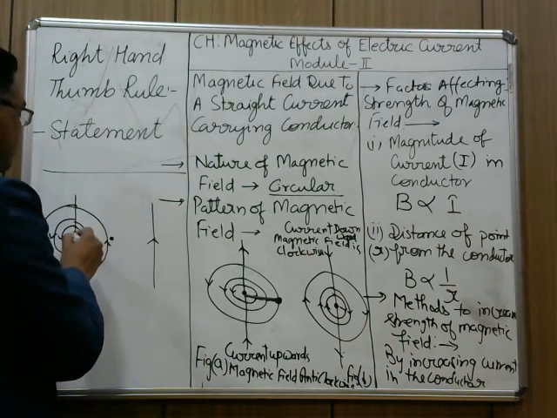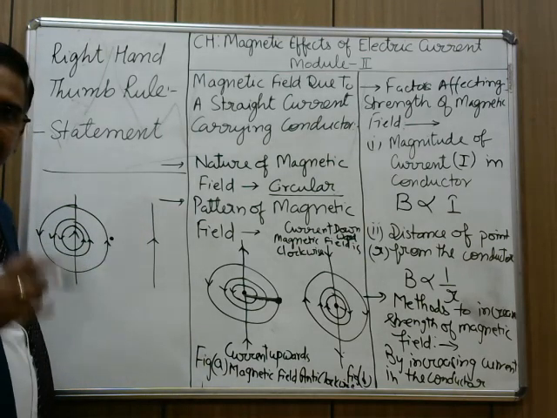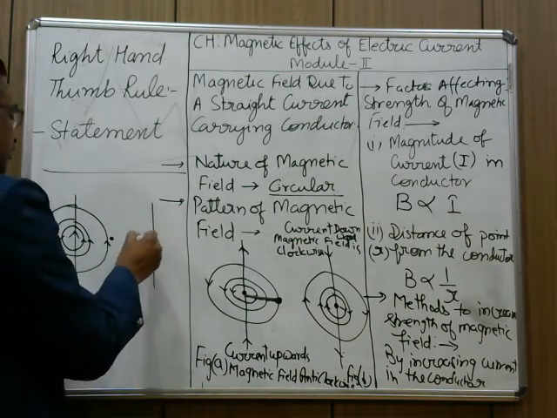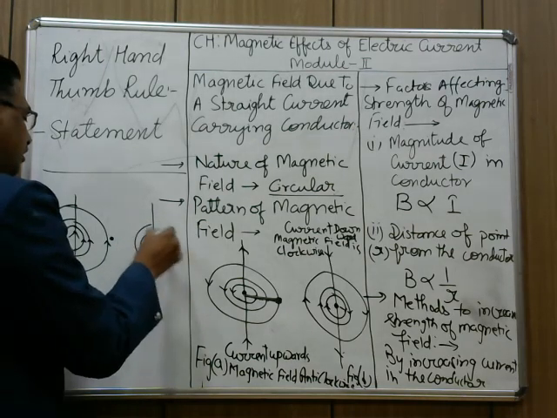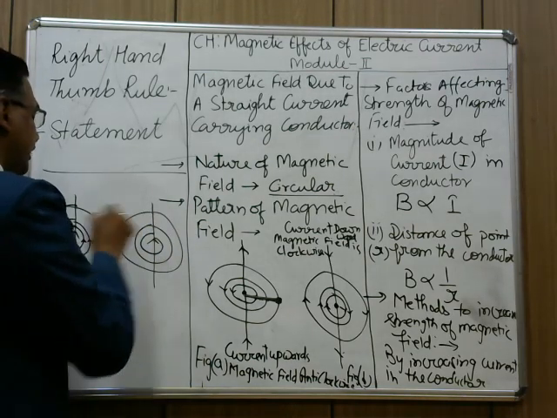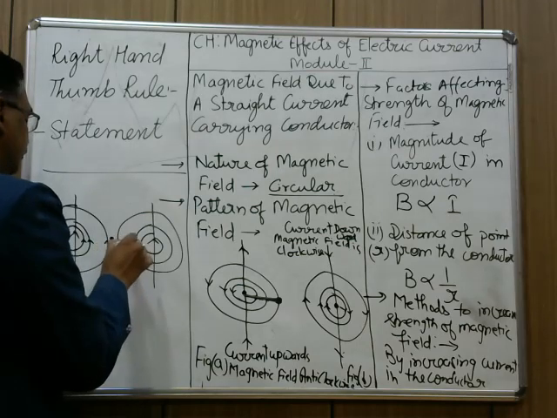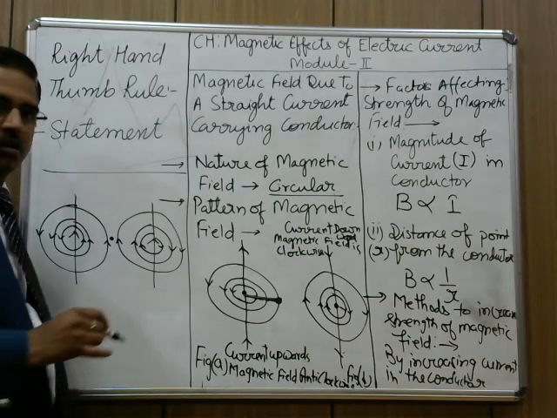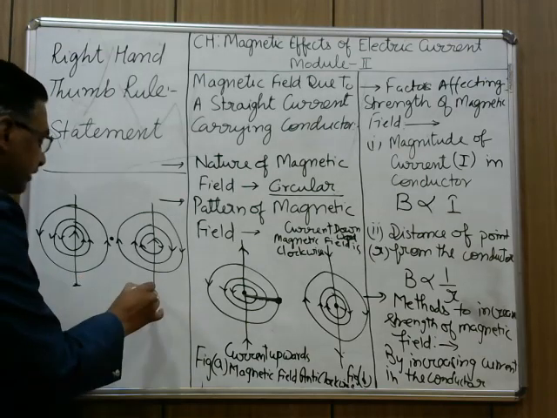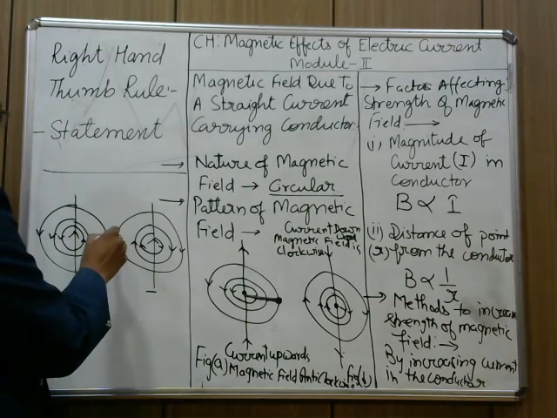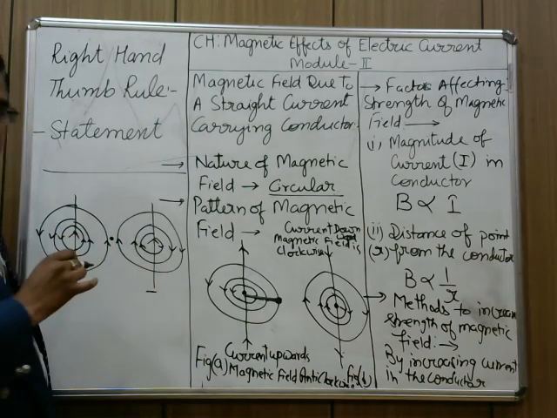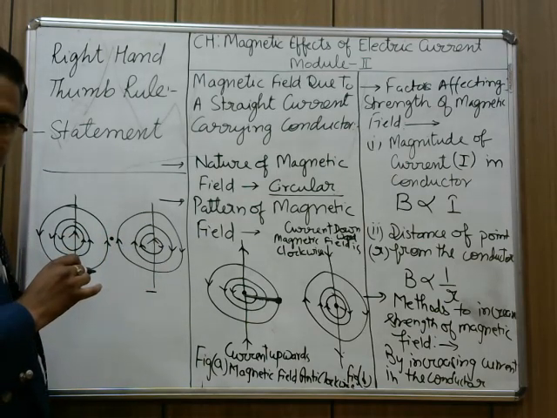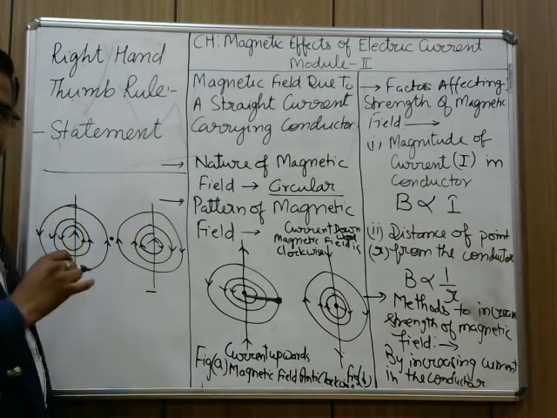Now, since both are having the same amount of current, because of them, this will also be anti-clockwise. These two conductors are identical. This point is at the midpoint of the line joining them.